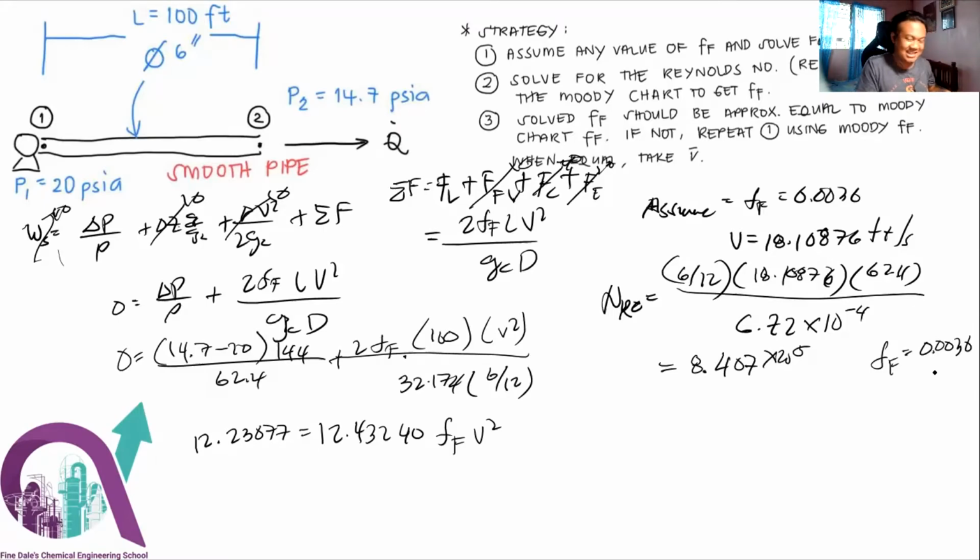I'm cheating, but this is the fast version of that. Knowing that this is equal, you can now find the volumetric flow rate, which is this, and knowing all of that, you will get 3.556 cubic feet per second.